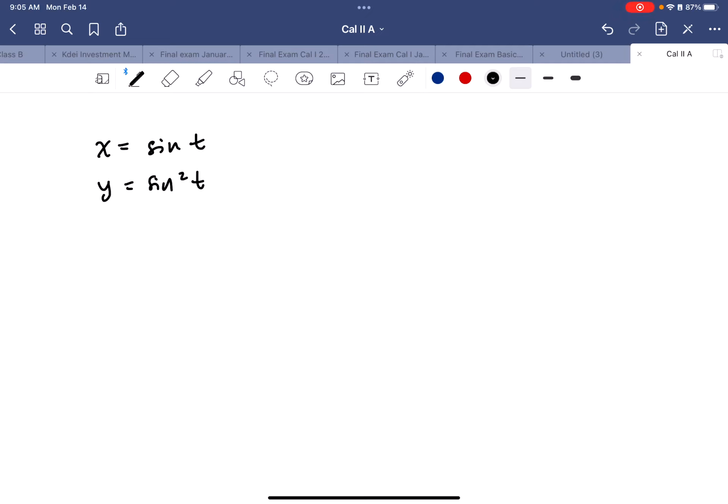Let's say we have this: x is sine t, but y is sine squared t.